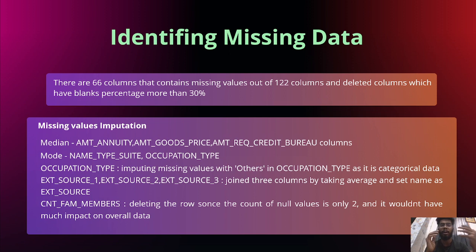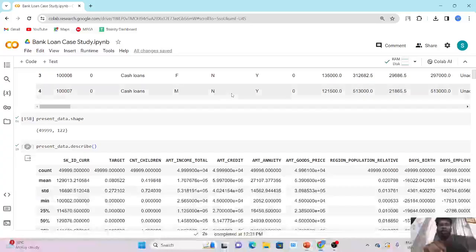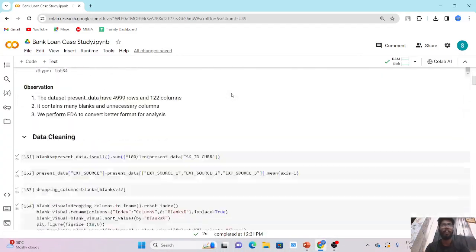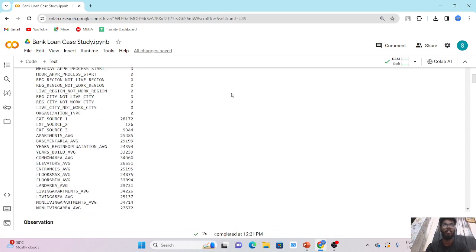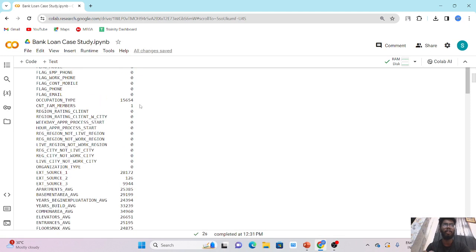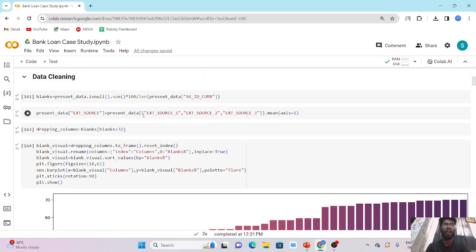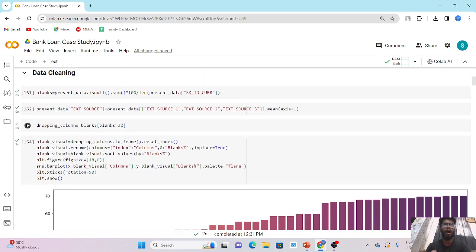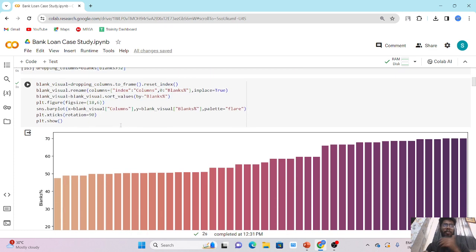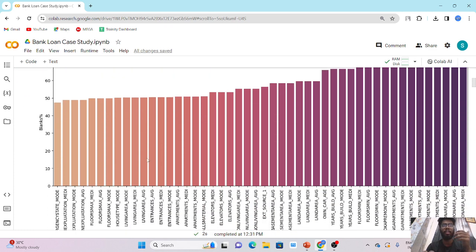We are dropping the columns with more than 30 percent missing values. This is the missing values count, where you can see the person type has 15,654 missing values. We cleaned all the columns with more than 30 percent blanks.